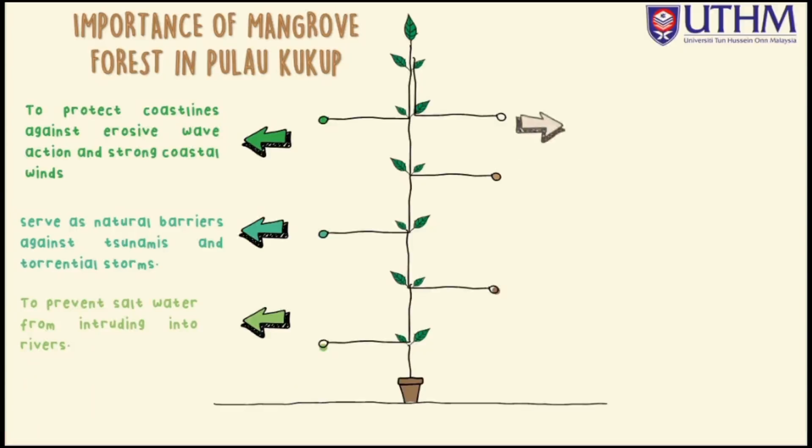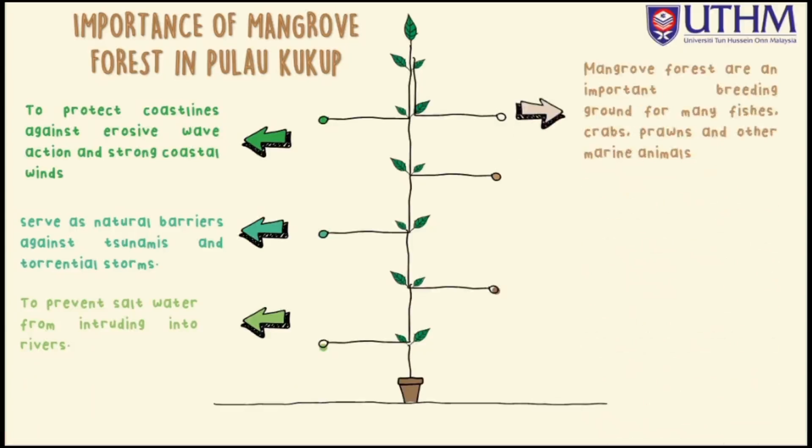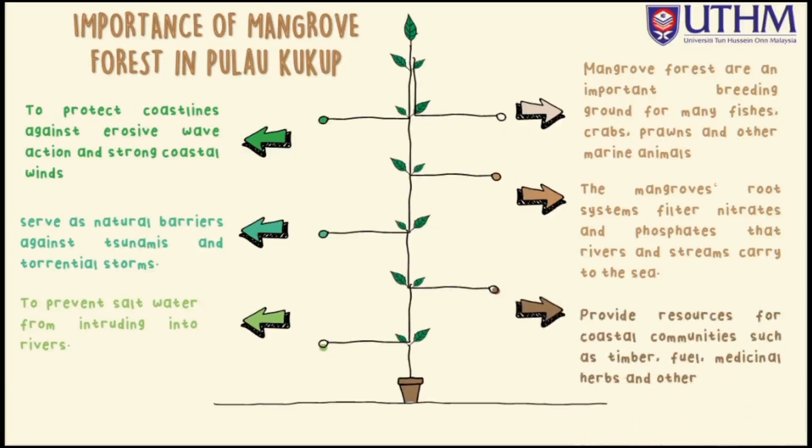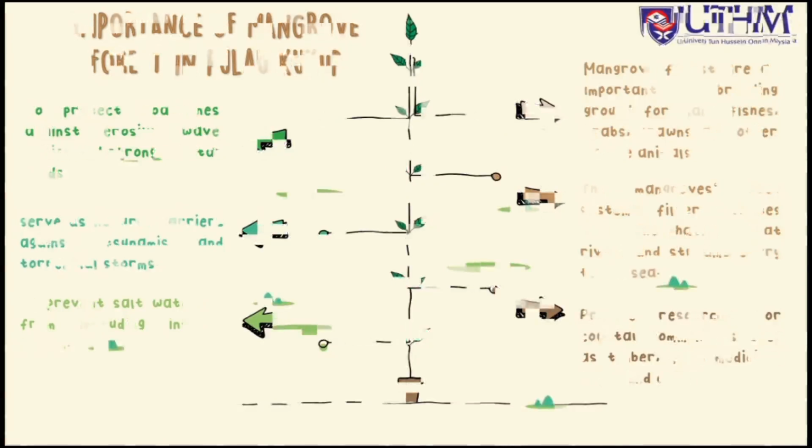Next, mangrove forests are an important breeding ground for many fishes, crabs, prawns, and other marine animals. Next, the mangrove root system filters nitrate and phosphate that rivers and streams carry to the sea. Mangrove forests also provide resources for coastal communities such as timber, fuel, medicinal herbs, and others.